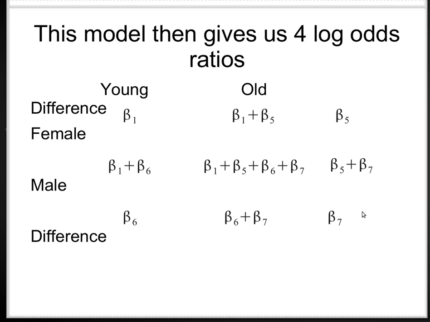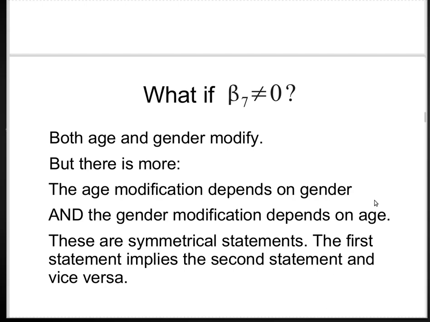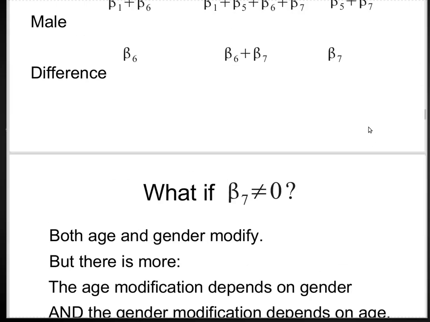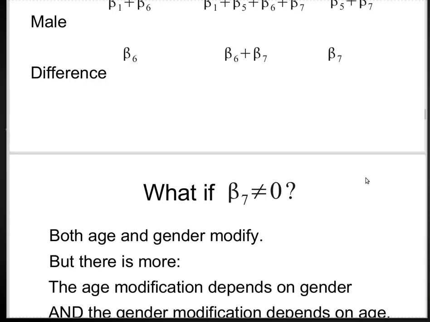Wow. Further, we can do the same thing by comparing the comparison between the men and the women who are young and the men and the women who are old, and we get exactly the same thing. Wowee. Let's continue. So what if this quantity beta 7 that I've isolated off is not 0?